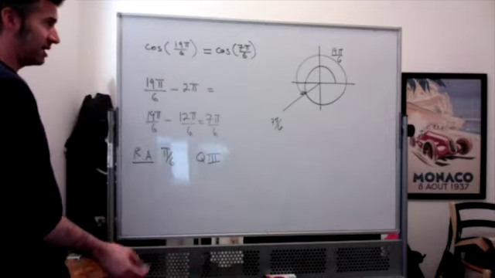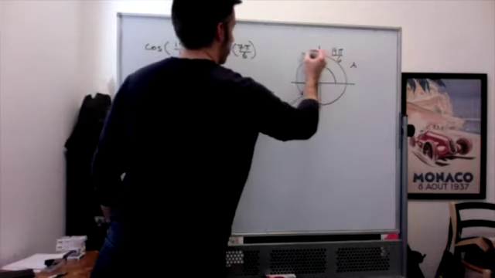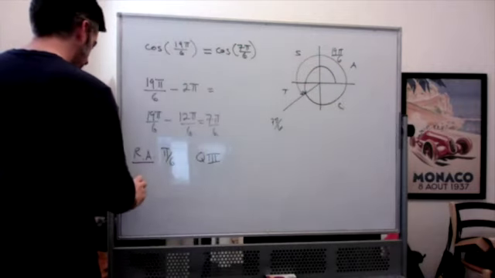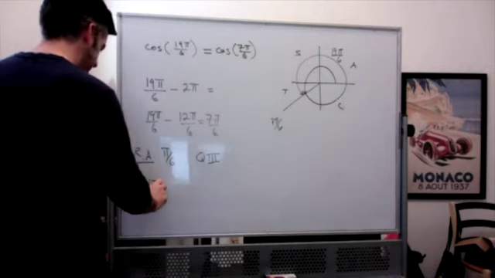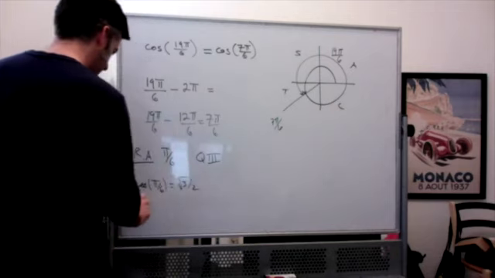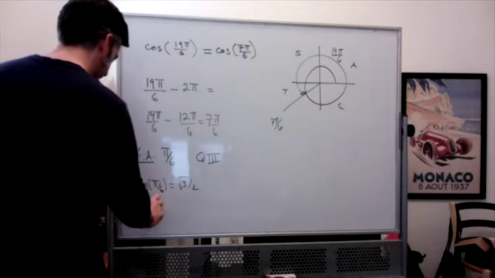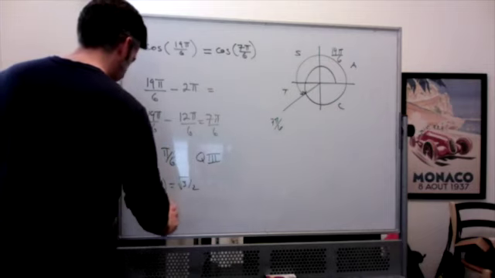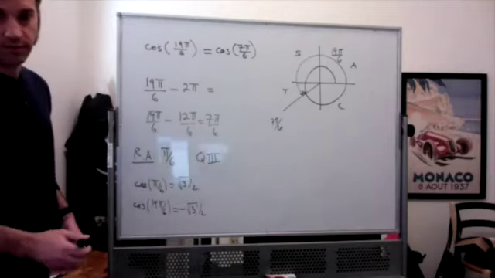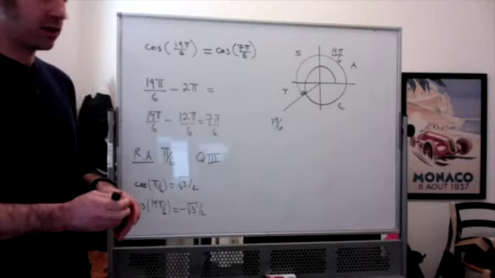So I know that cosine is negative. We know that cosine of pi over 6 is the square root of 3 over 2. So we know that cosine of 19 pi over 6 is negative square root of 3 over 2.